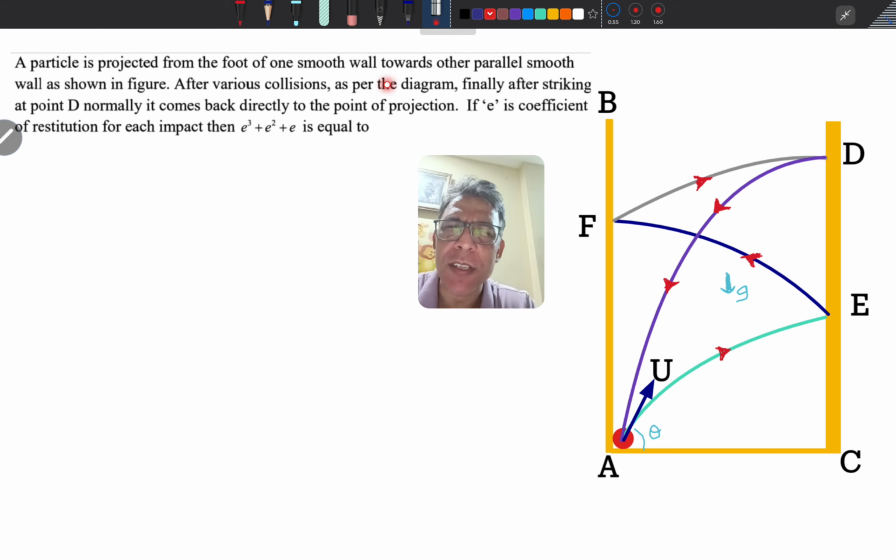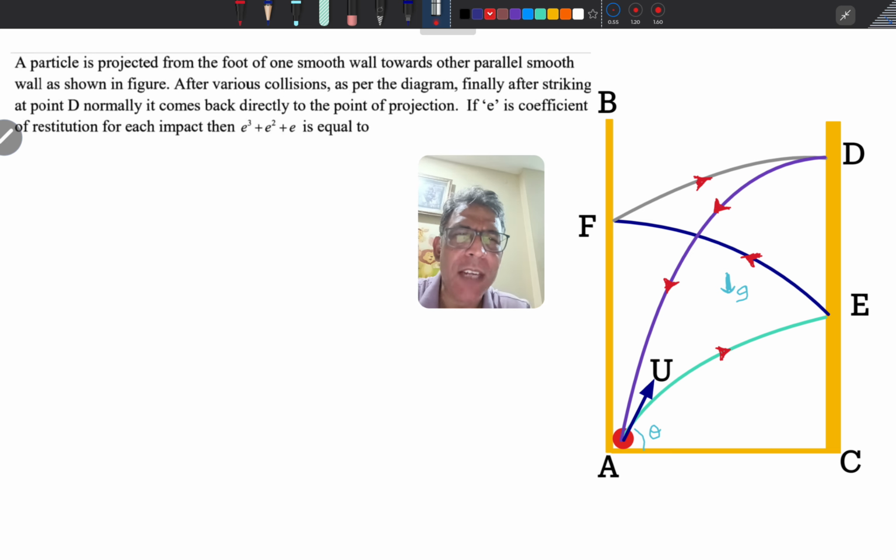After various collisions as per the diagram, the ball will collide at E, then F, then D, and again will return back to the same point. Finally, after striking at point D normally, it comes back directly to the point of projection. If e is the coefficient of restitution for the impact, show what this equation is equal to.